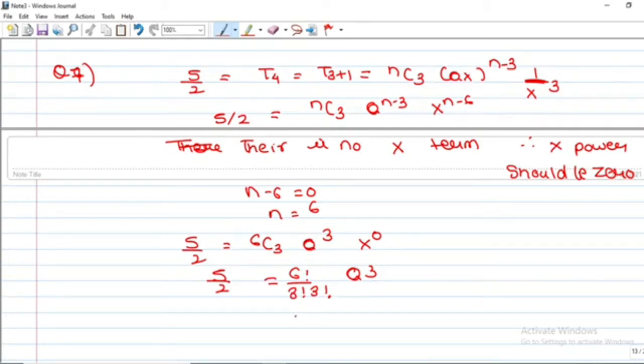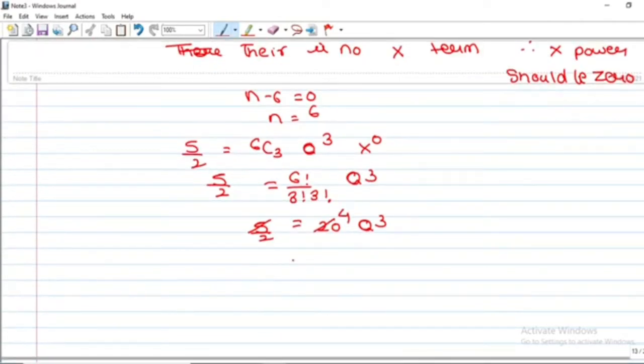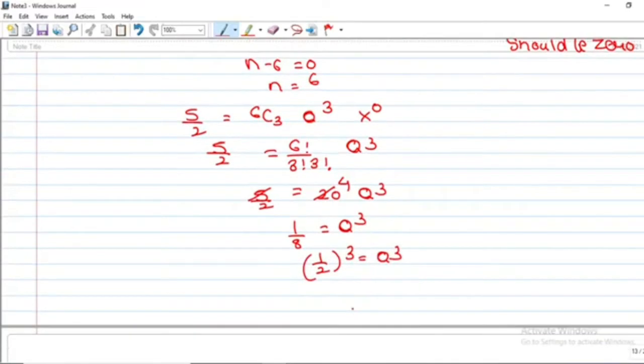So 20 equals 5 by 2 into a cube. This will cancel out 4 times, and if I move the 4 here, you will have 1 by 8 equals a cube. So (1 by 2) the whole cube equals a cube, therefore a is 1 by 2. So this is our answer.